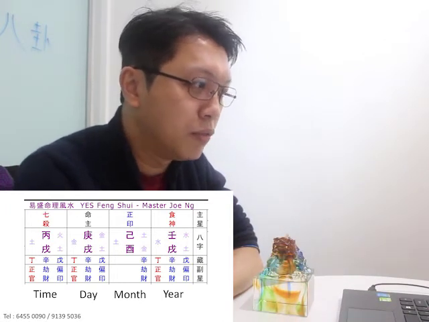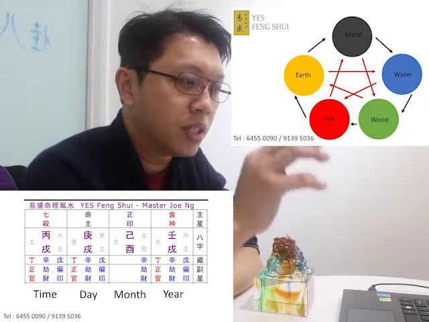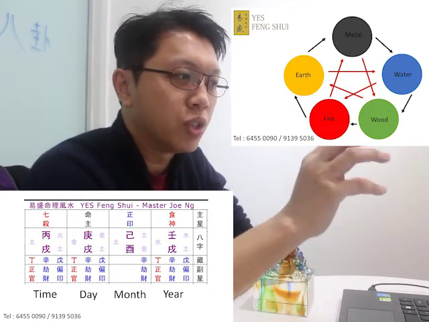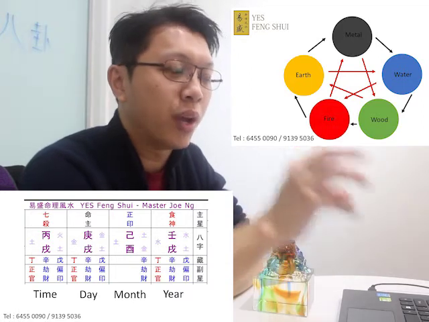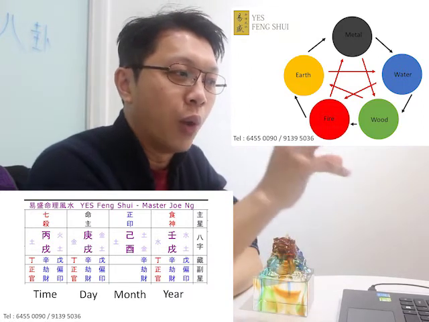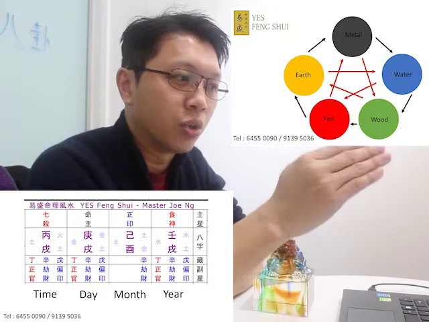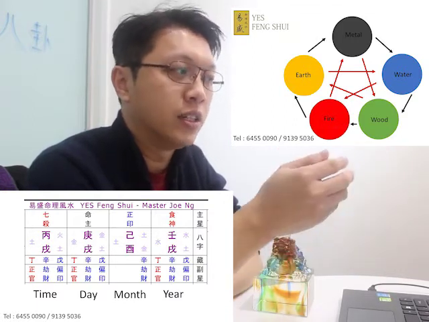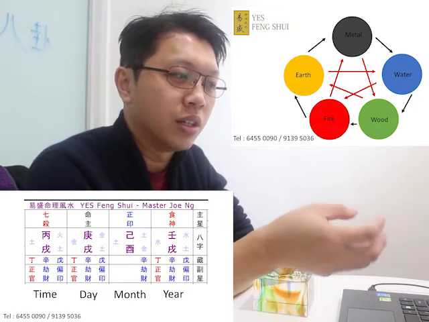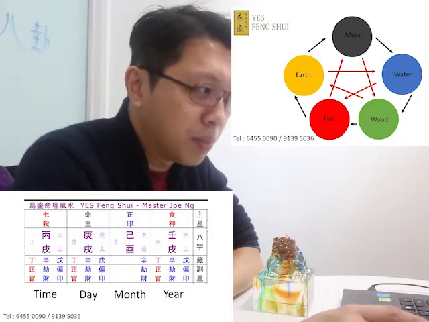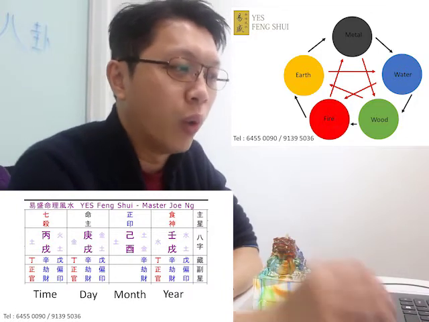Okay, based on this birth chart, we came up with these 5 elements. So the first element, which is the metal element, this is where our element belongs to, the first position. So from metal, we'll see water, wood, fire, and earth. This is what the previous video actually mentioned to you. So right now, it's very simple for you to know which is your wealth element.